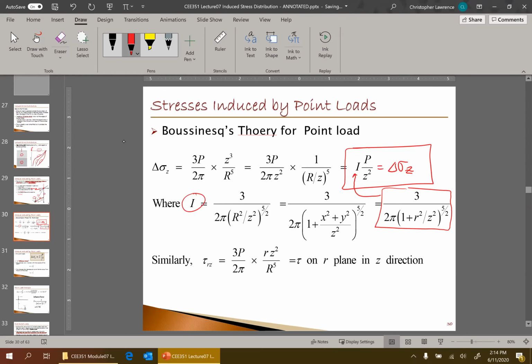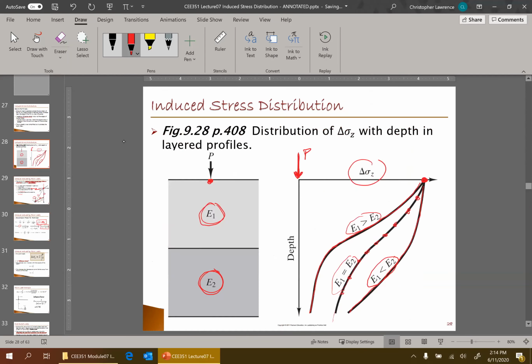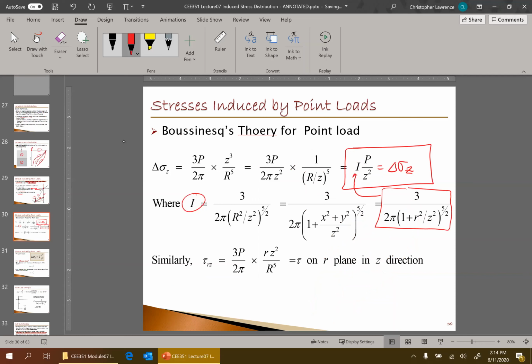I was showing these linear influence zones, but that was not about actual stress distribution. That was just about boundary conditions and influence zones. If we look at the actual stress distribution, we see that this is a non-linear dissipation of stress with depth. And so we actually see now it's z squared. The pressure dissipates rapidly with depth, with the square of depth.